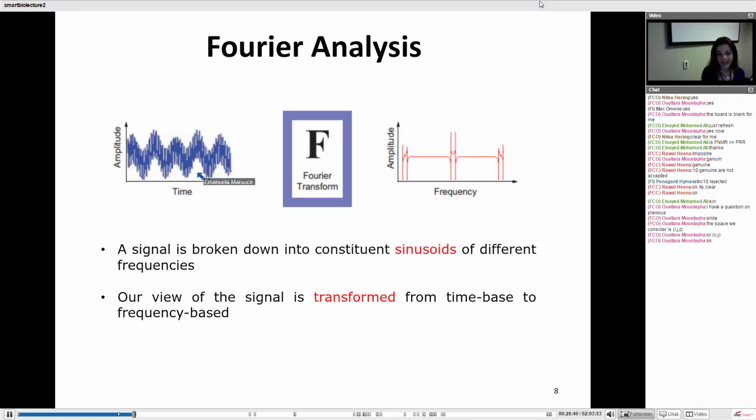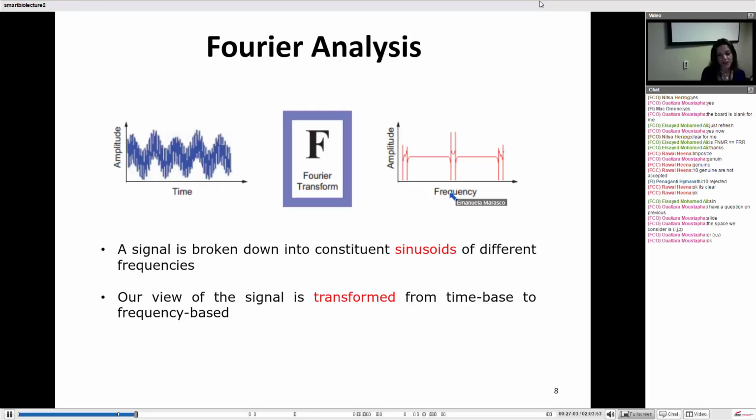So we are going to transform this signal in the space, from x and y coordinates, and then for the image, we are going to consider only the frequency. So we don't have any more information about the location, right?